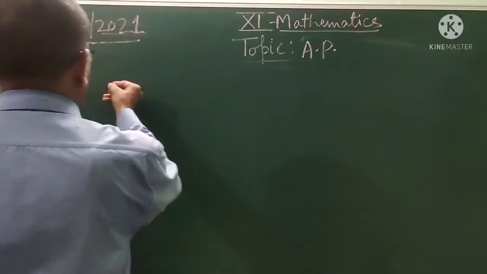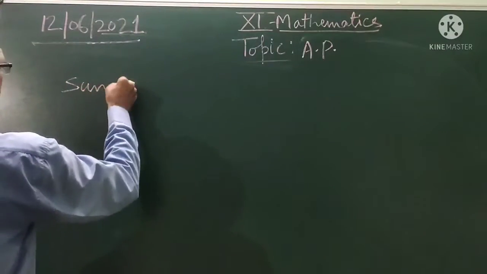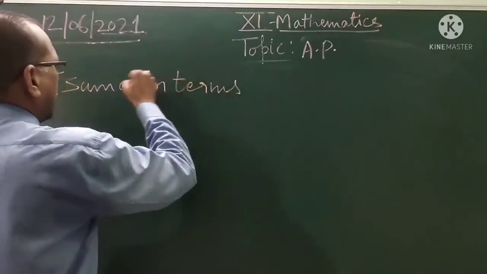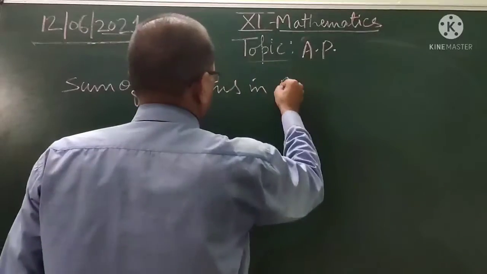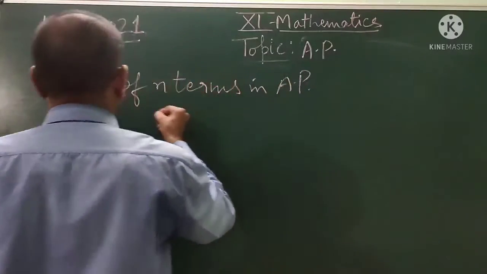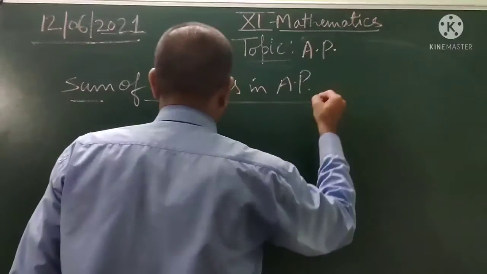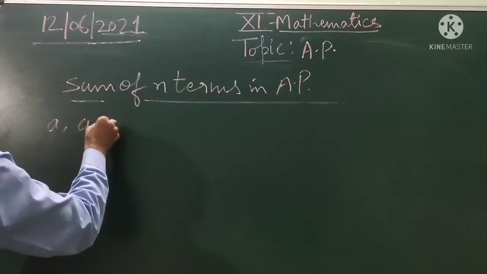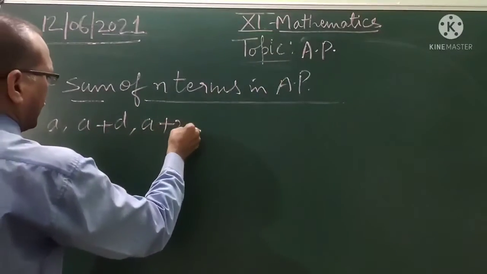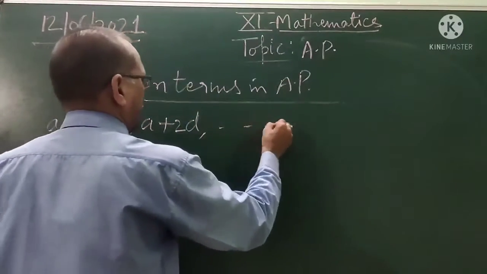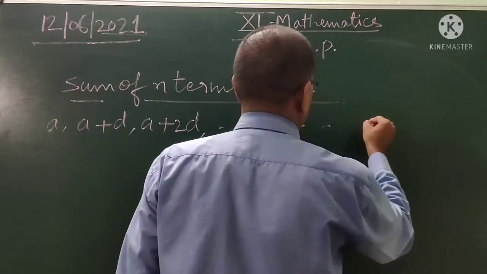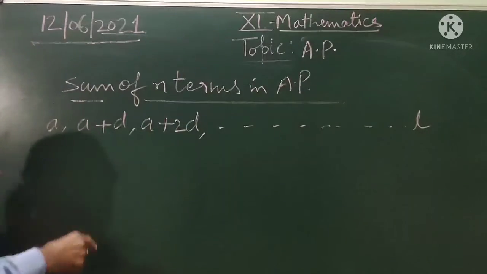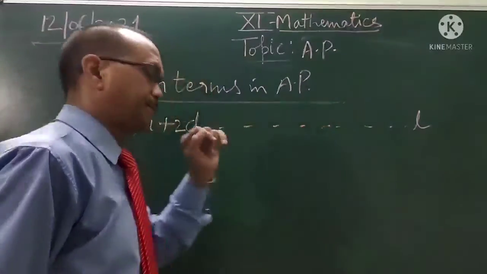So, topic is sum of n terms in AP. Student, let n terms be a, a plus d, a plus 2d, a plus 3d and so on, and the last term is L. Then we have to find the sum of all these terms.